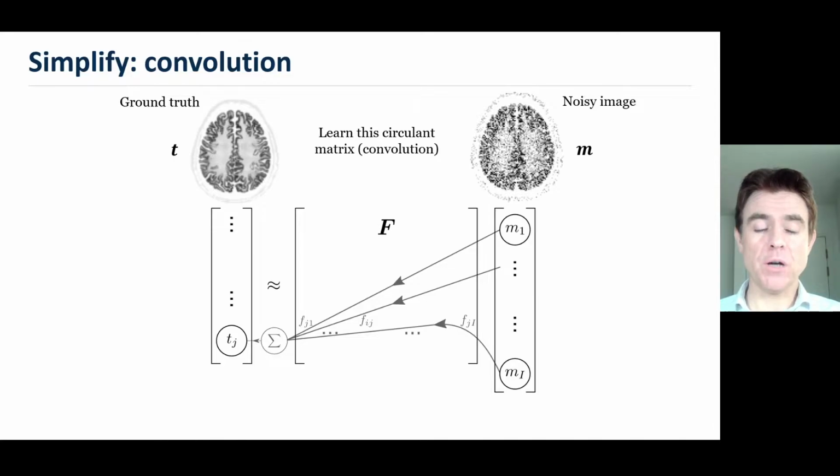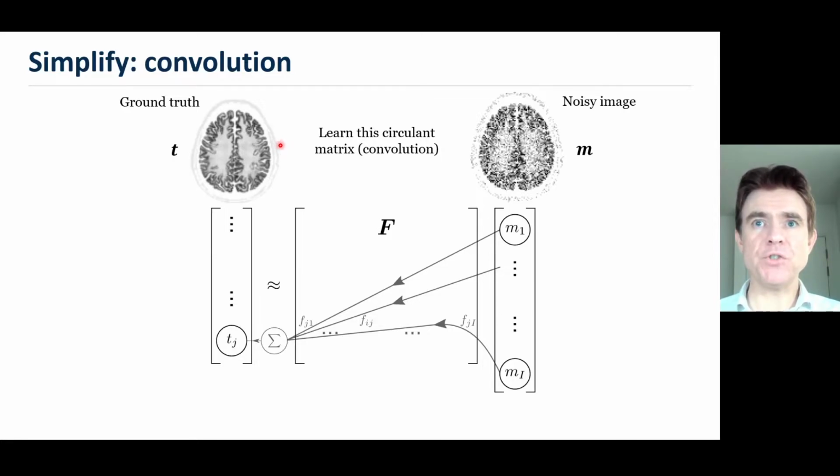Okay, so the simplification at this stage is that we're going to go from an image to an image. And in particular, though, it's going to be a noisy image or some image that's been degraded in some way. And we want to map that to a high quality reference. And remember, that's at the heart of machine learning and deep learning, is to go from our noisy acquired data, our suboptimal data, and map that to a better quality ground truth reference of some sort.